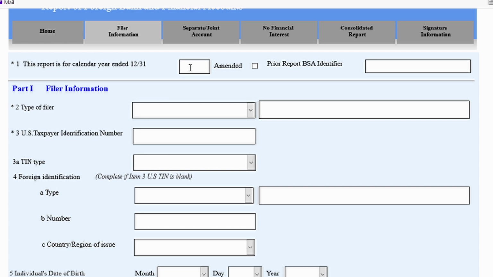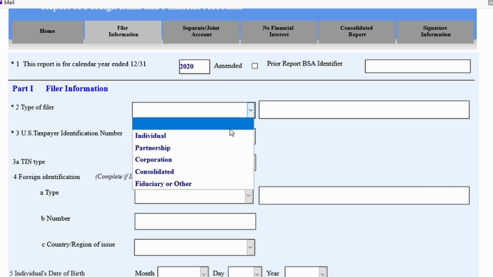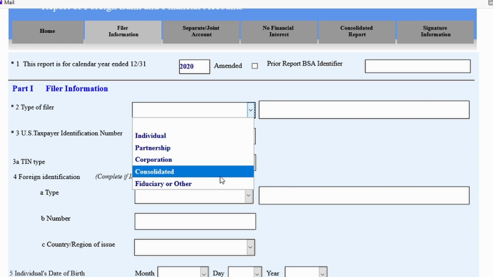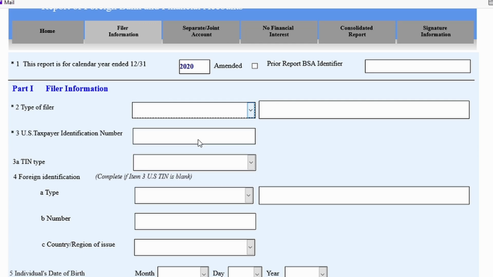This report is for calendar year ended 12/31/2020. Amended, no. Type of filer: individual, partnership, corporation, consolidated, fiduciary, other. Individual.